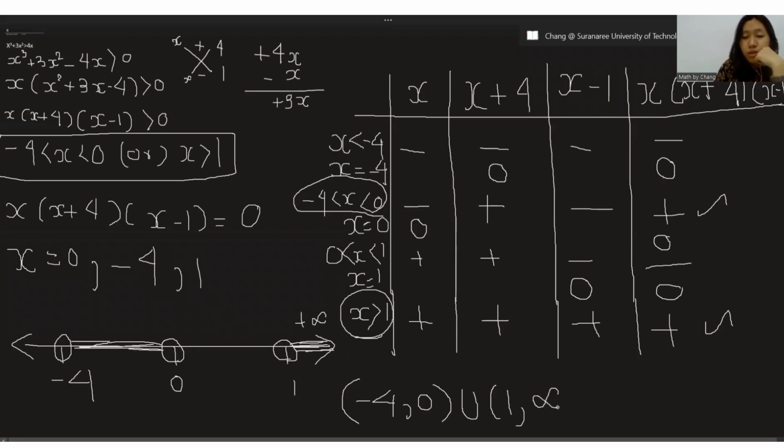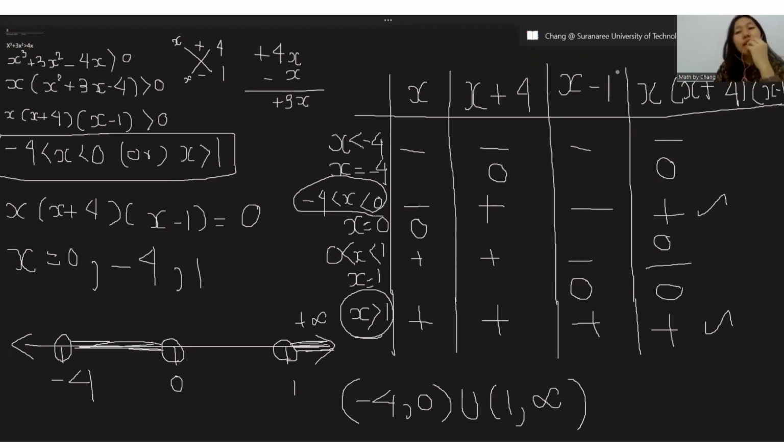So the value of x lies within (-4, 0) union (1, infinity). So this is the answer for this problem.